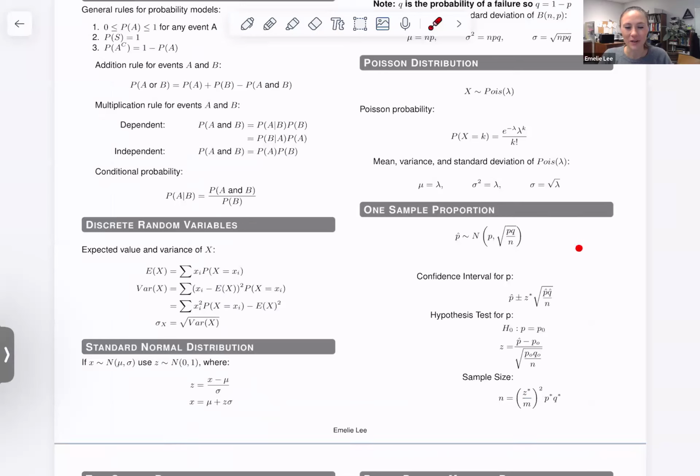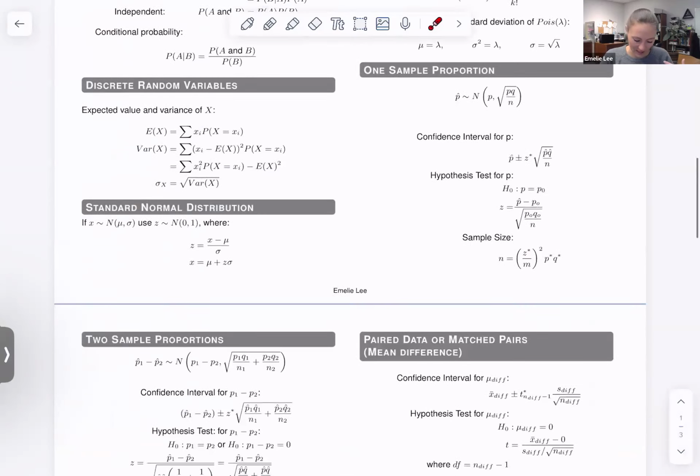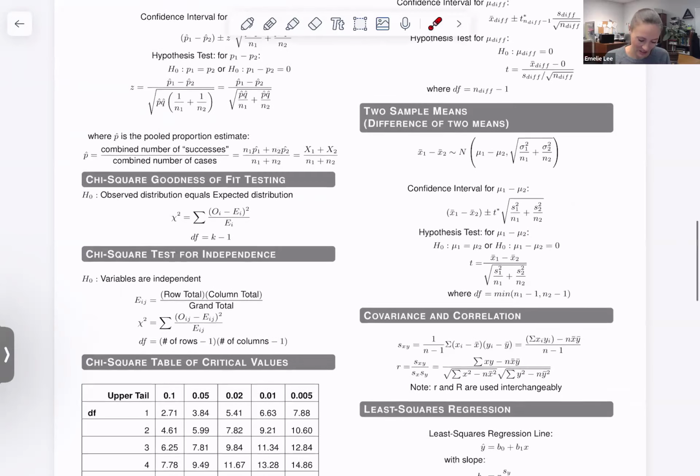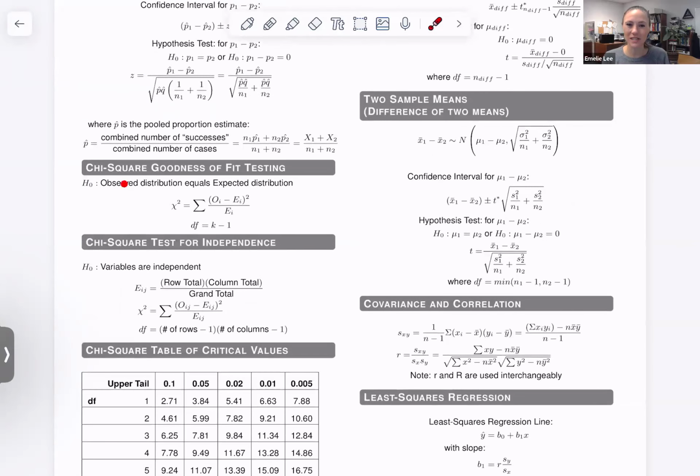Now, just to give you an overview, if you flip to the next page of the formula sheet, we're going to move into two sample proportions. And look, confidence intervals, hypothesis testing, we do it all over again, a little bit complicated here, but we'll take it in good time. Then the chi-squared is for three or more proportions.